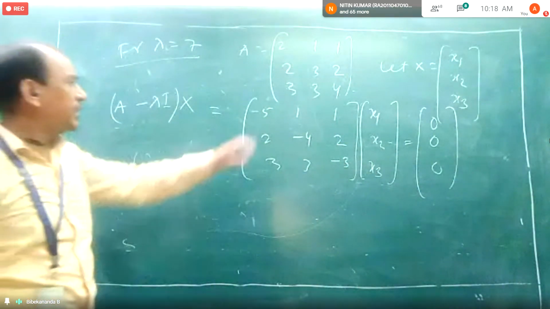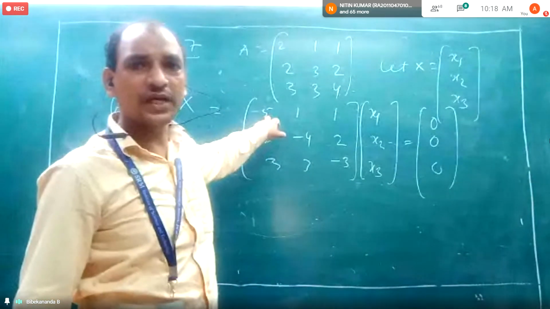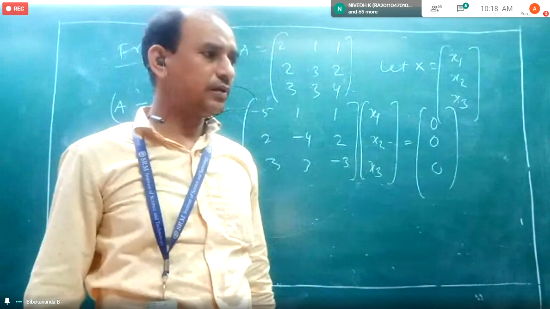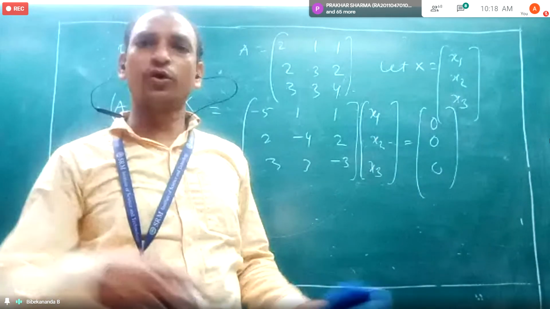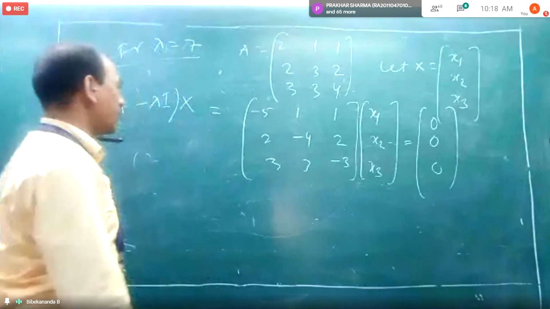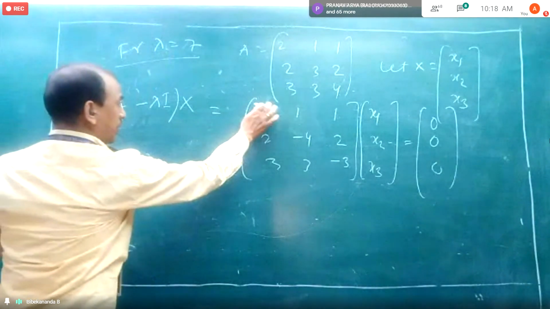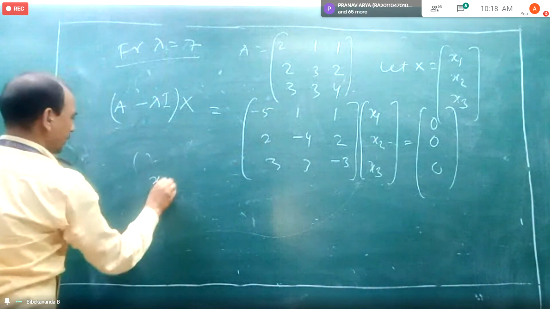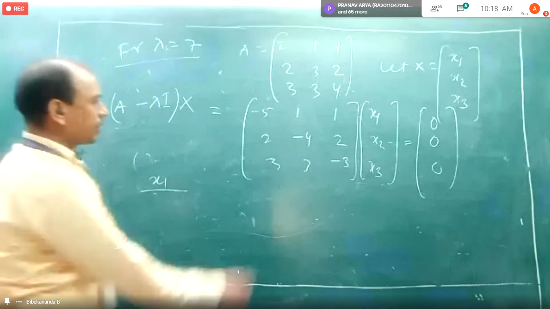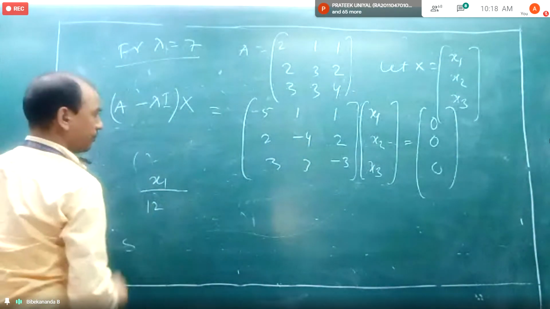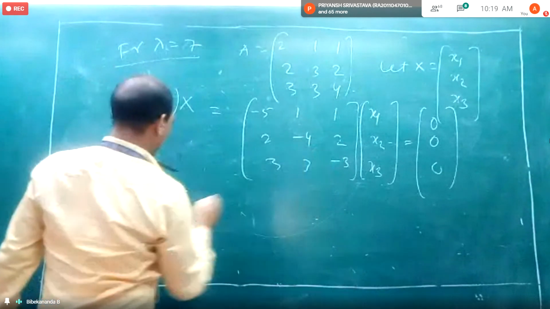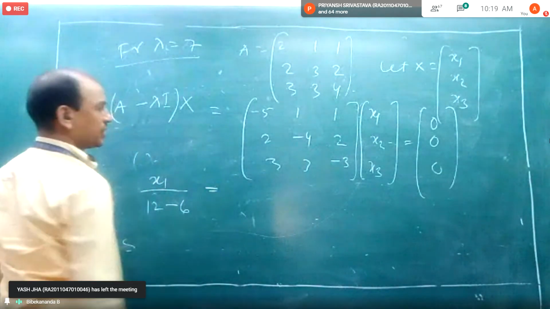Now whether any rows are identical? No, sir. No, then you can go for Cramer's rule. So according to Cramer's rule, the element in this position x1 is equal to minus 4 into minus 3, 12, minus 2 into 3, minus 6, equals 6.